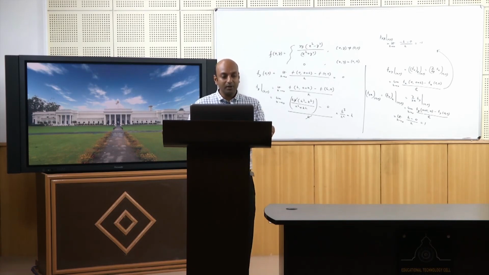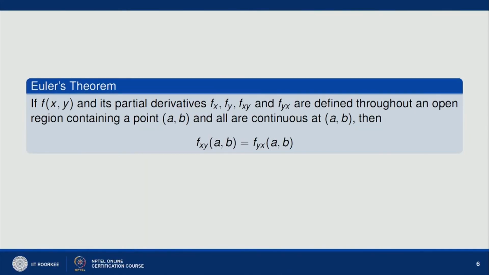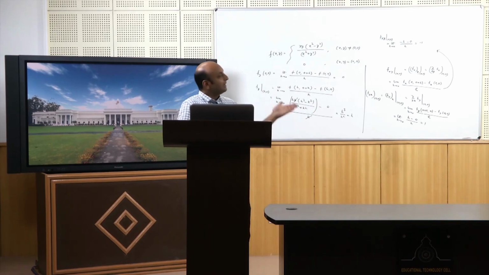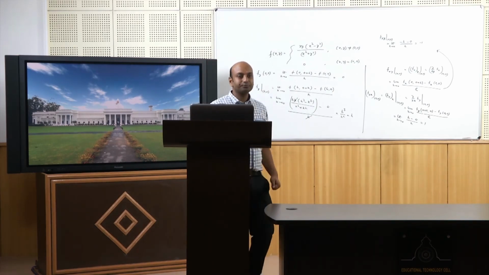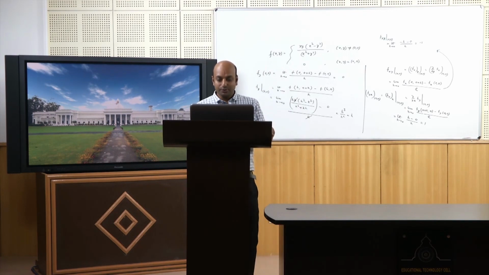It states that if the function f(x, y) and its partial derivatives f_x, f_y, f_xy and f_yx are defined throughout an open region containing a point (a, b) and all are continuous at (a, b), then only we can say that f_xy is equal to f_yx. Otherwise they may not be equal. So this is all about second order partial derivatives.